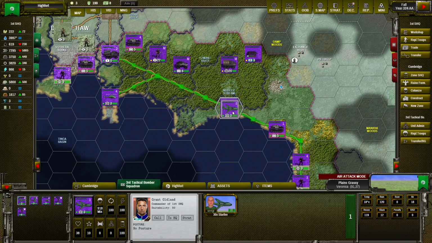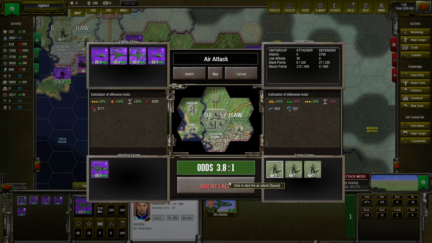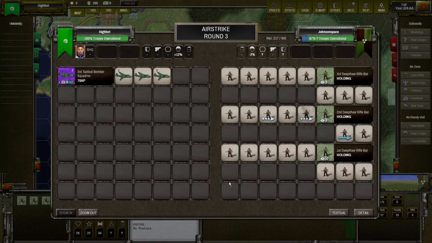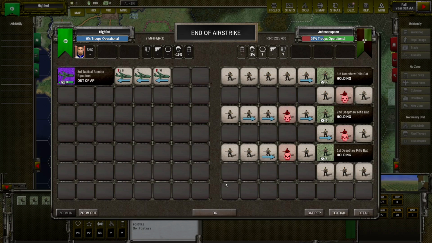And now the tactical bomber that we sent last round can perform tactical bombing. On the way! Returning to base, sir. It was quite effective because they are operating on lower altitude.